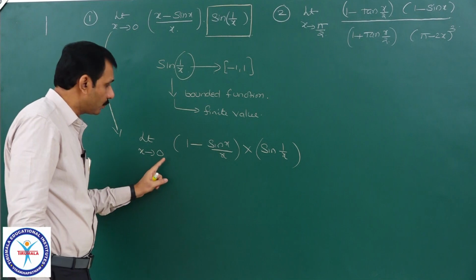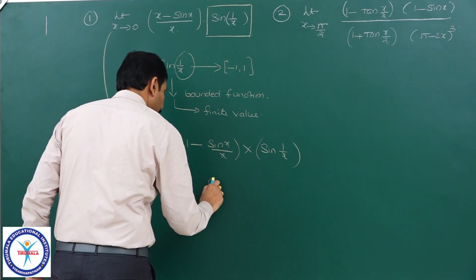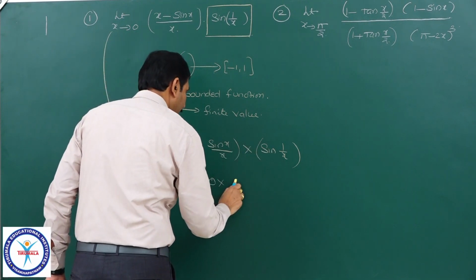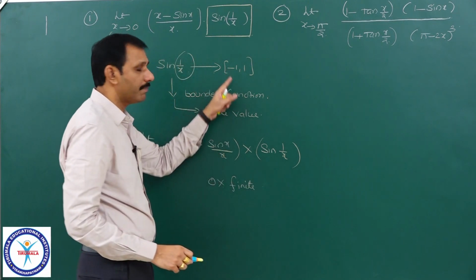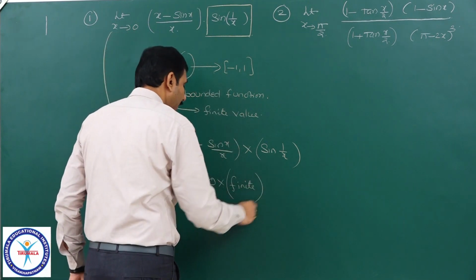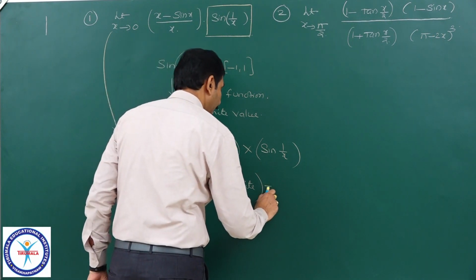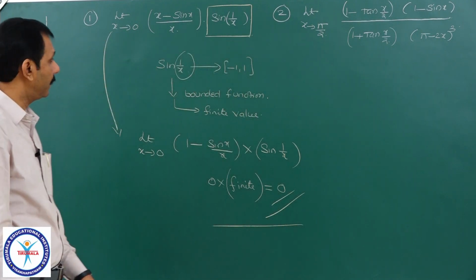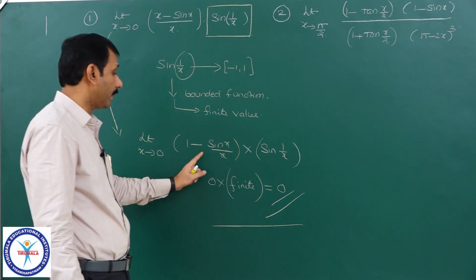As x tends to 0, it is 1 minus 1, that is 0, into sin 1 by x, which is a finite value between minus 1 to 1. Whatever value you take, because it is a finite value, 0 into a finite value means 0, it is the value of that limit. Please observe this. This concept is very important.